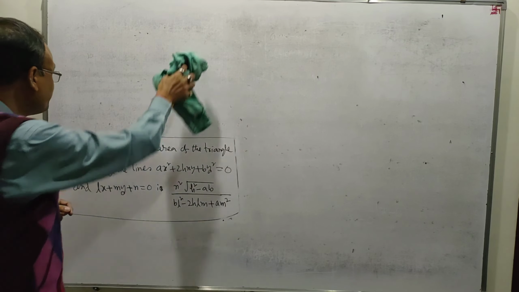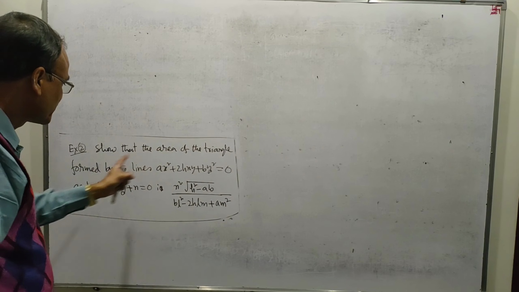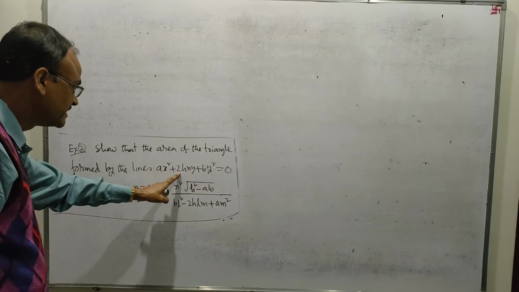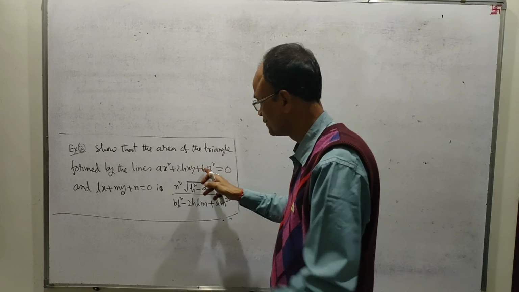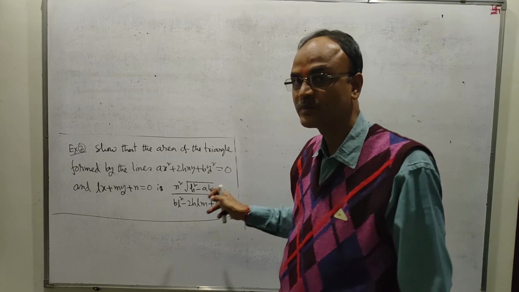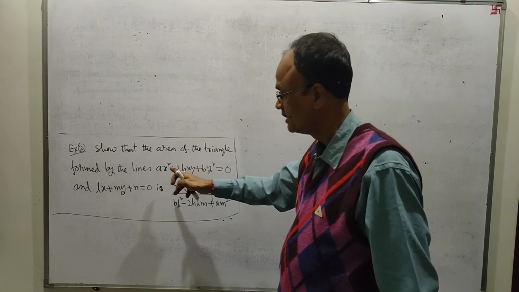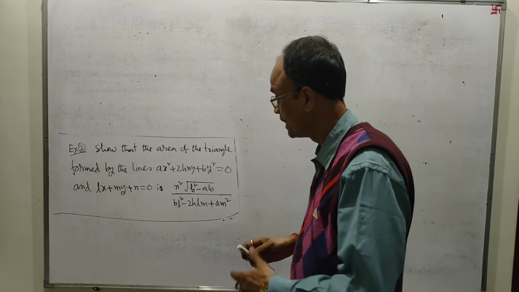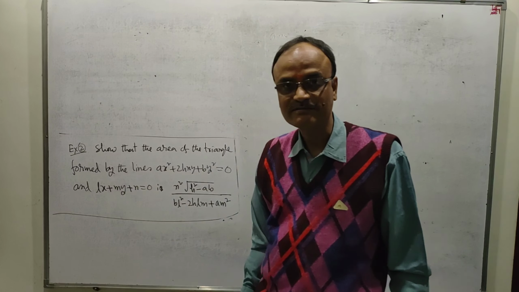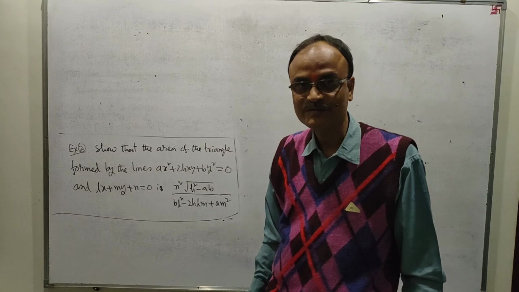What is this? The area of the triangle formed by the lines, these same lines, ax square plus 2hxy plus by square equal to 0. This represents two straight lines passing through the origin. Another line is given, a third line is given.